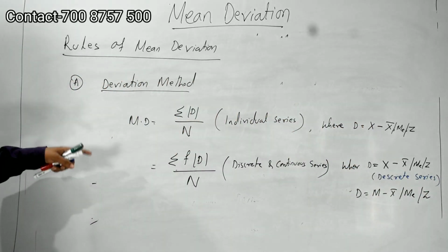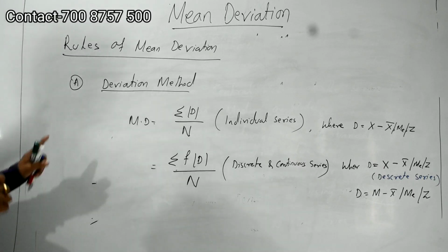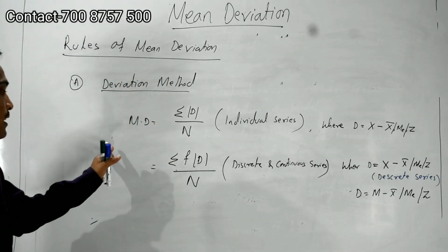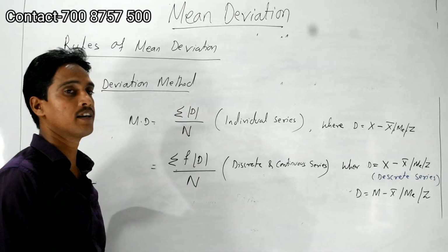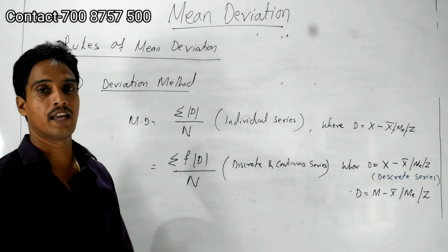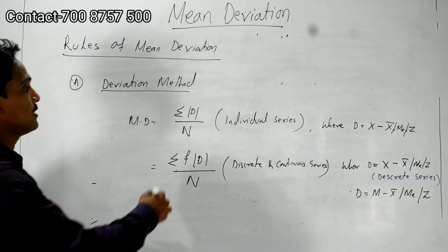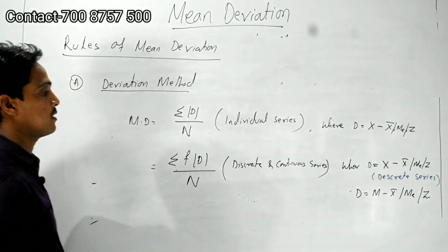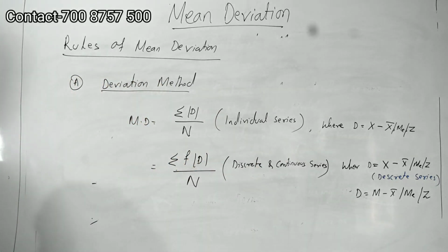So these two rules are used in the deviation method: mean deviation equals summation d mod by n is used in case of individual series, whereas mean deviation equals summation f d mod by n is used in case of discrete and continuous series.